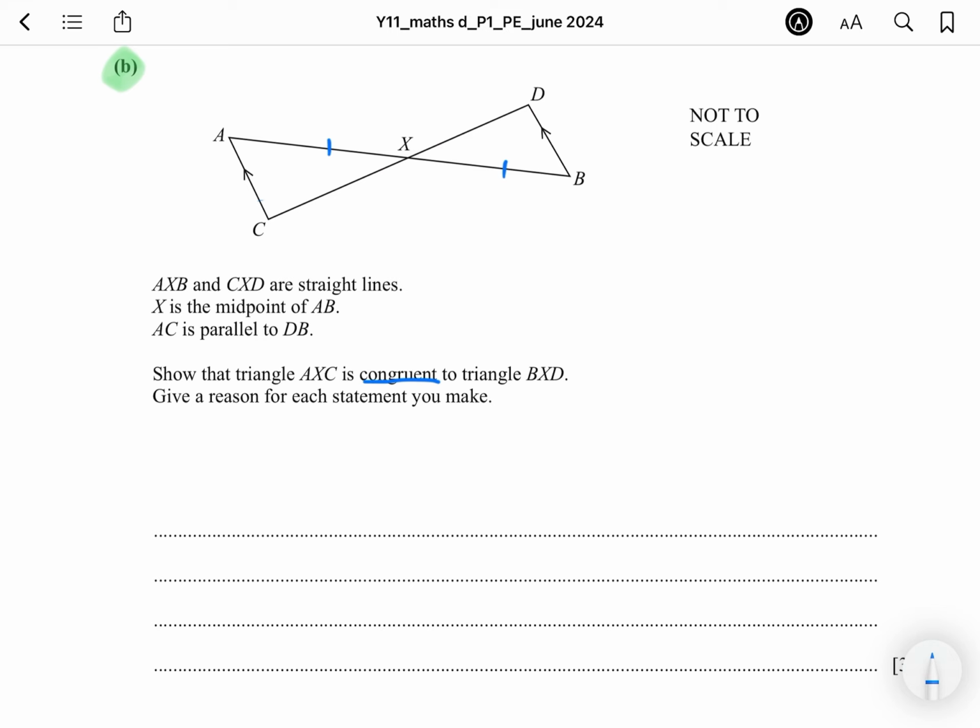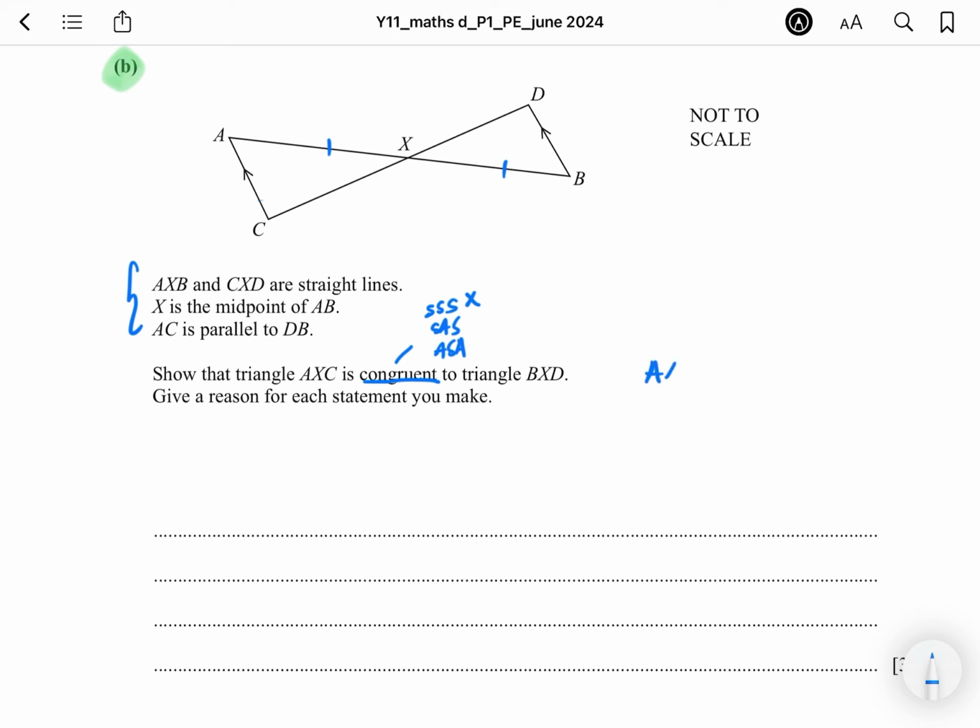Okay, so for congruence, you have either SSS, SAS, ASA. In this case, definitely not SSS because there are no values given, so you can't actually use that.